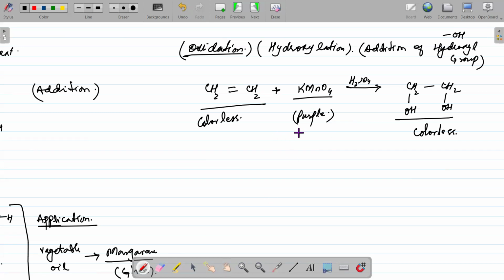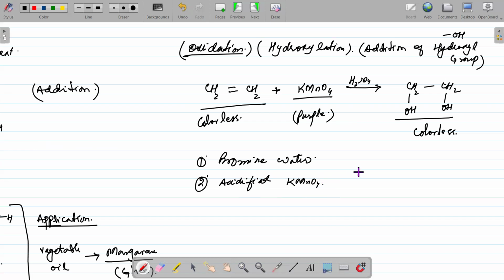So we can use two identification tests for unsaturated hydrocarbons. One is bromine water, which is orange in color, right? If the color disappears, it is an unsaturated hydrocarbon. And the second one is acidified KMnO4.